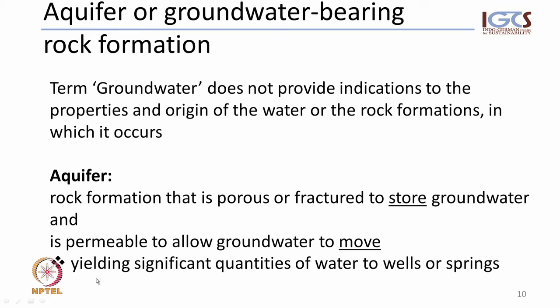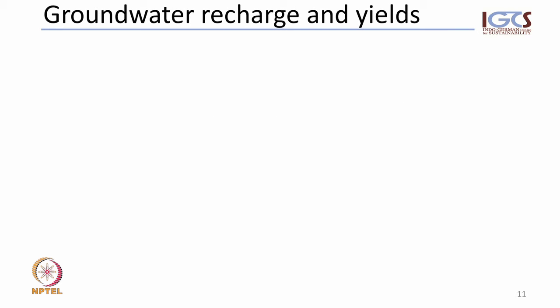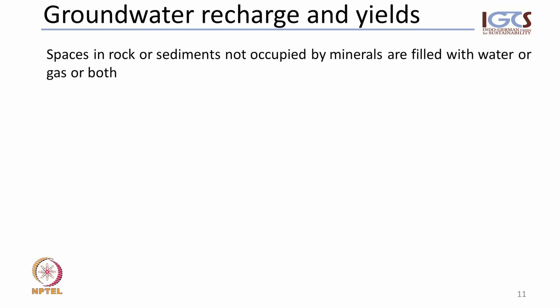Aquifers must yield a significant quantity of water to wells or springs, so that it becomes useful for our water abstractions, for water management. Let's look into the groundwater recharge and yield, which become important when you talk about aquifers.